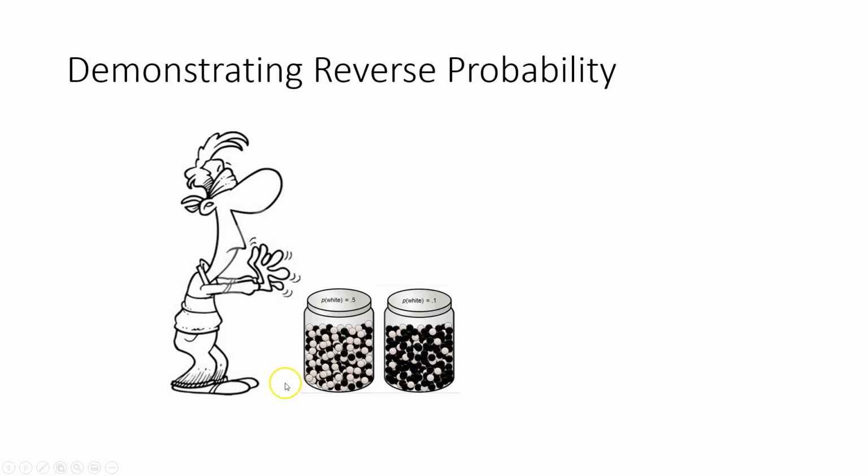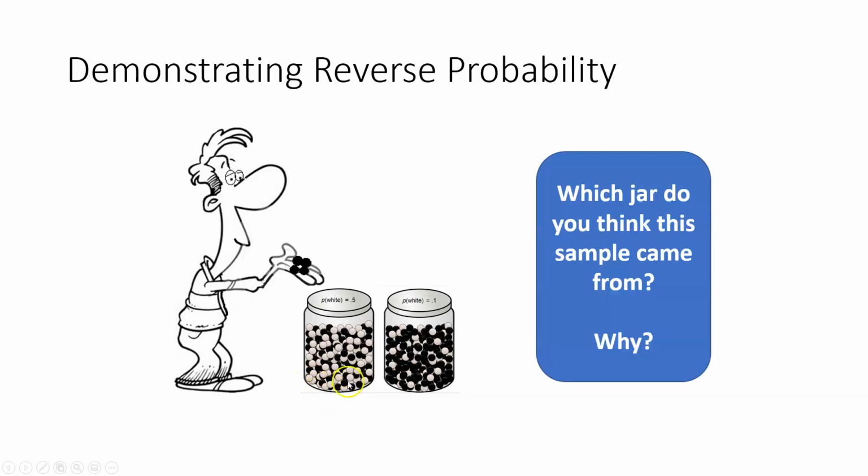If you were blindfolded and drew a sample from one of these 2 jars, but didn't know which one you drew it from, and you looked in your hand thereafter, you might ask, which jar did the sample come from? Now, with 4 black marbles, you could probably safely assume that it came from the majority black jar. Why might you say that?